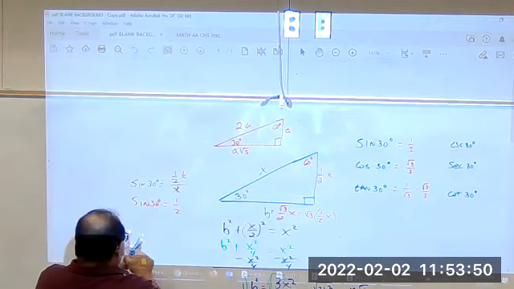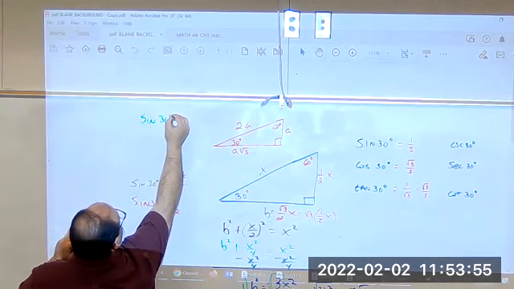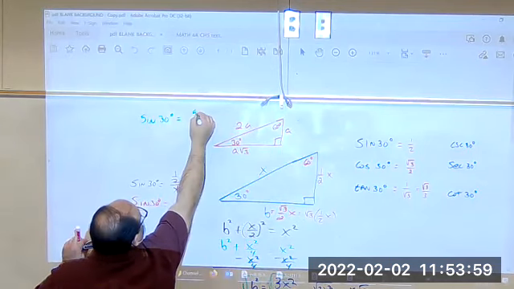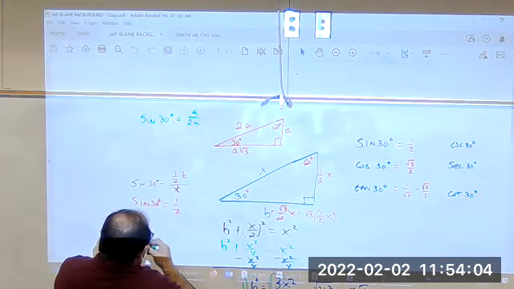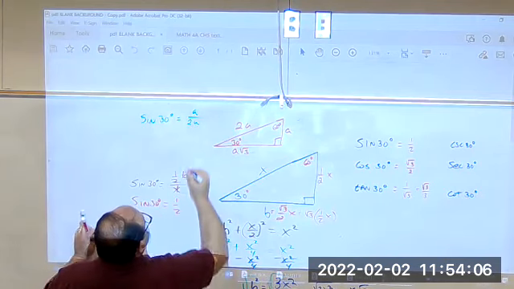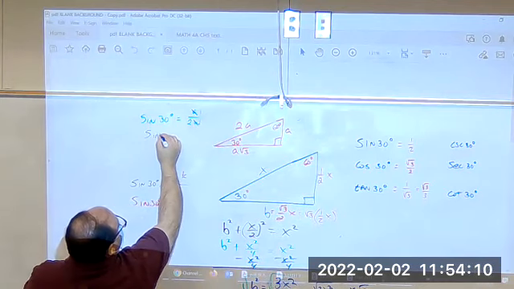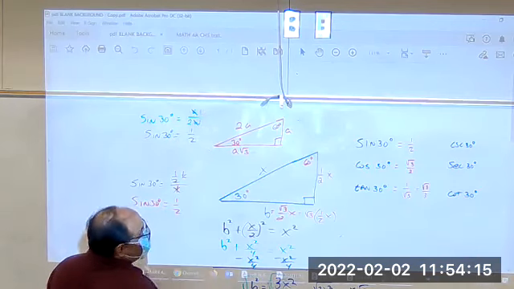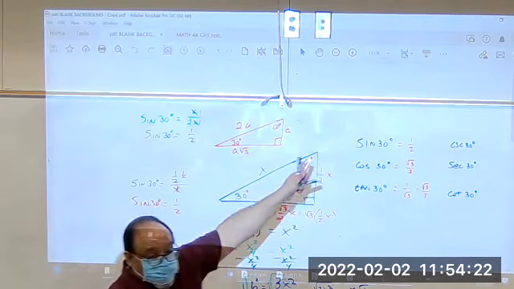Even if I use this rendition, the opposite is A, the hypotenuse is 2 times A. A goes into A once. The sine of 30 degrees in this picture is 1/2. It doesn't matter. The sine of 30 degrees is always 1/2.